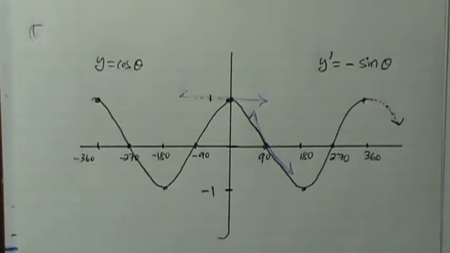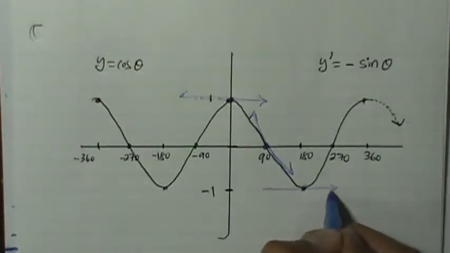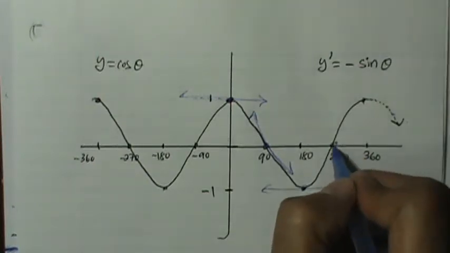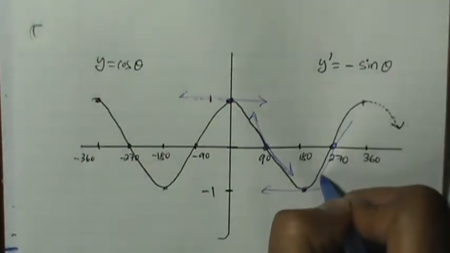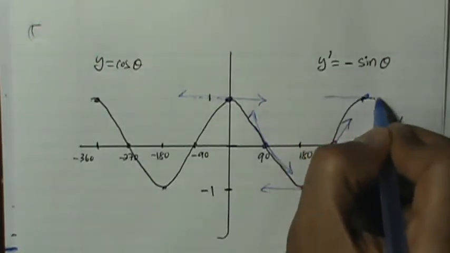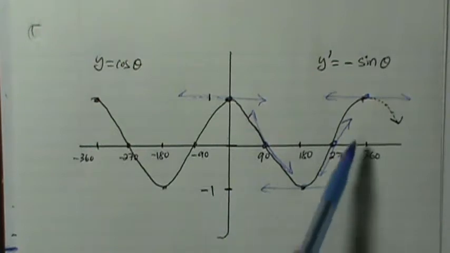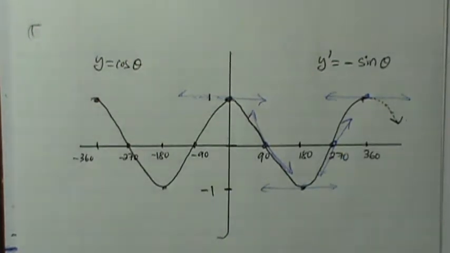But the goal is to understand. So we can pick a point here, so we can draw the slope of a tangent, which is horizontal, and then we can pick a point here between the two turning points and at the turning point again. And we should be fine, and we can prove by just calculating the slope of a tangent at these points that the shape will be negative sine theta.